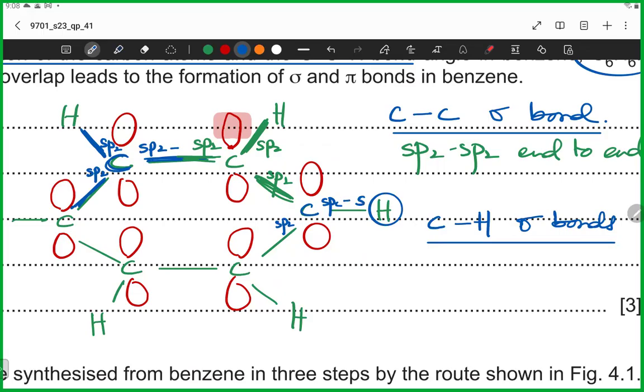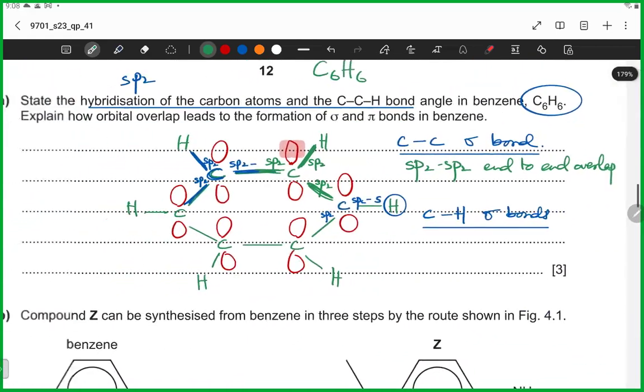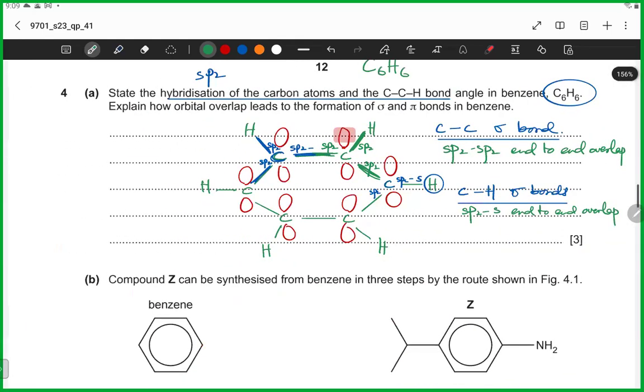So the carbon and H sigma bond is getting formed when you have the sp2 coming from a carbon and an s orbital coming from an H, and they start to overlap end to end. Right? Is this clear? You clear, Saroko?